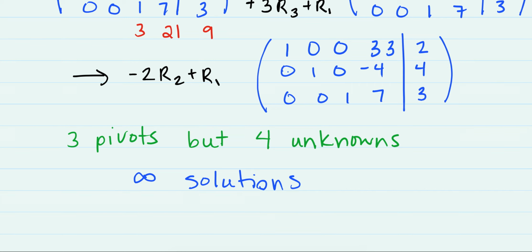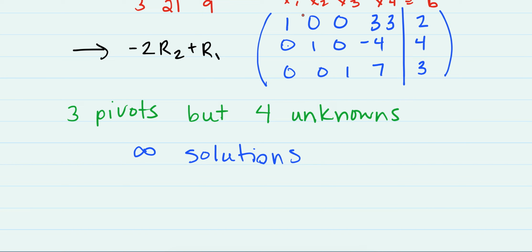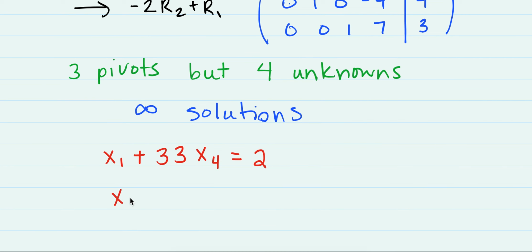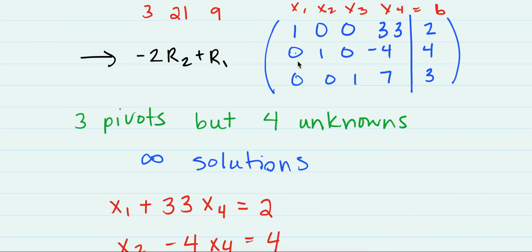So remember that this corresponds to x1, x2, x3, x4 is equal to, and this is our b. Okay, so we're going to get x1 plus 33x4 is 2. Then we get x2 minus 4x4 is 4, just following this row.